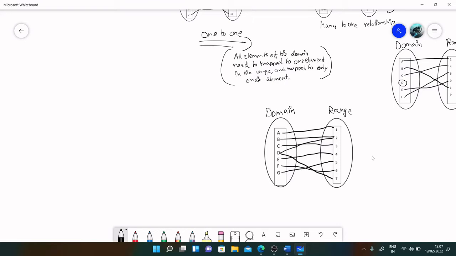What do you notice different here? D. Our element D over here is mapped to two elements, 2 and 7. Is this accepted? You're right. No, it's not accepted. Not a function.